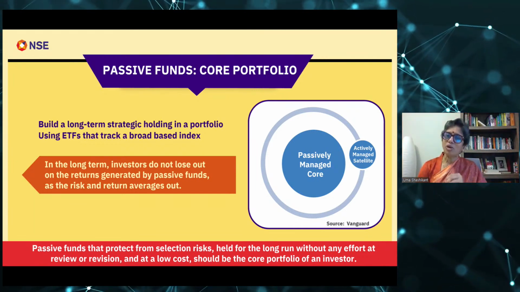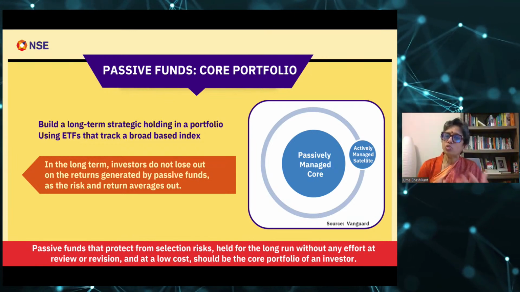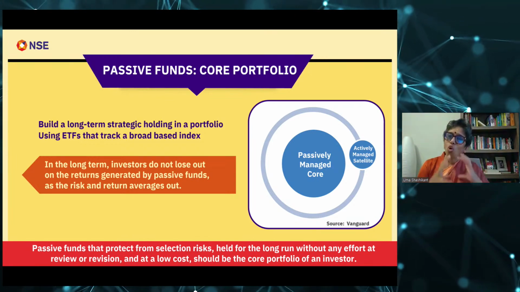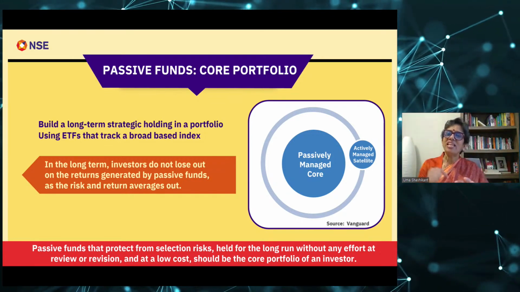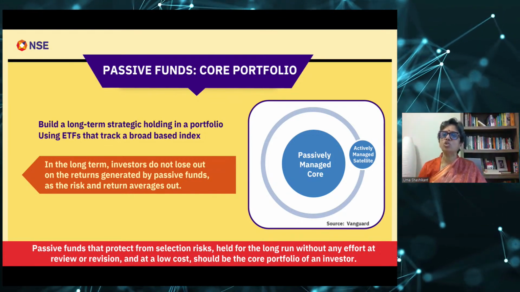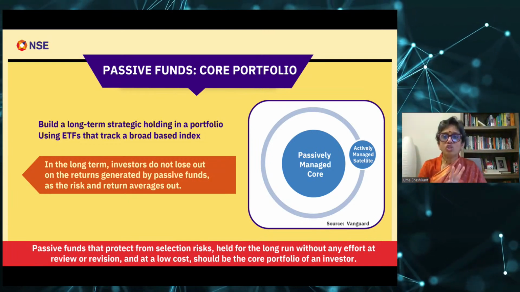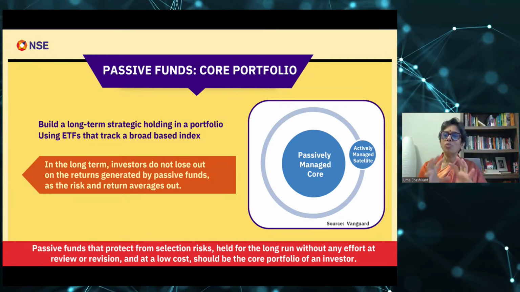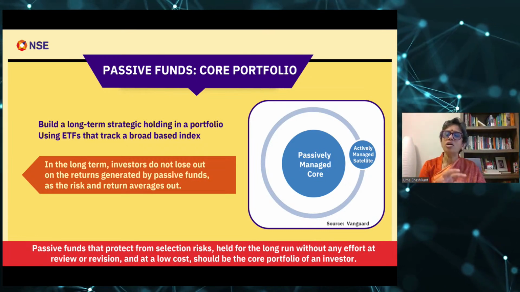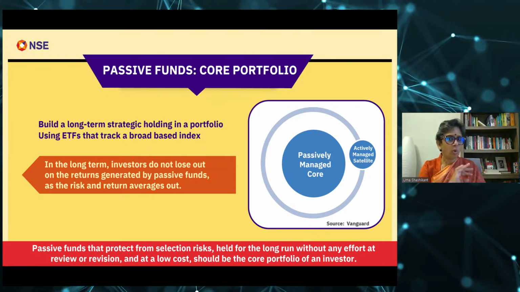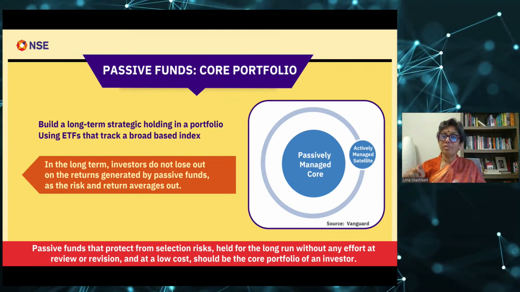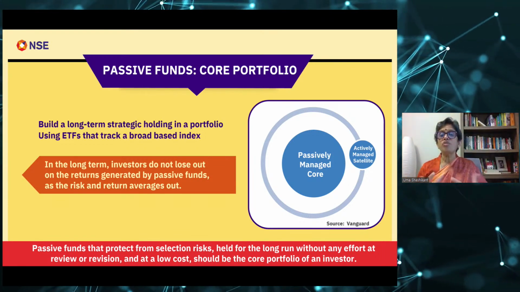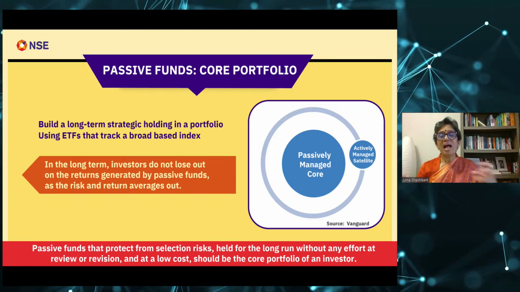Your portfolio has to be growth-oriented. You must have equity, but you don't have the time. So your core portfolio will have to be ETFs because you have very limited time for satellite strategies to make a big difference to your portfolio. You put in a default. So put in a big chunk in your ETFs, which require no attention. And when you're building the satellite portfolio, make sure that you're using products that will add to this.